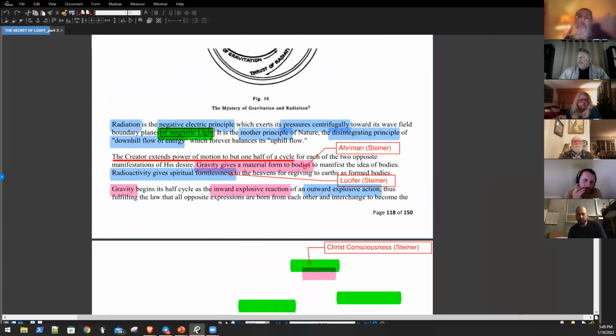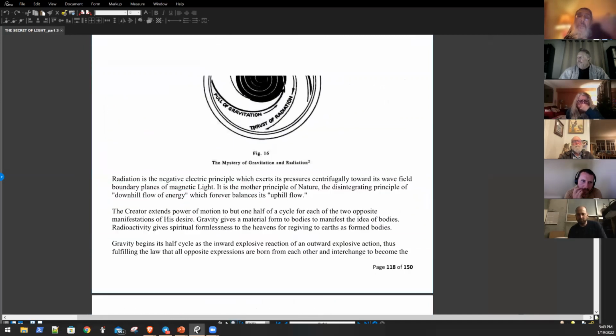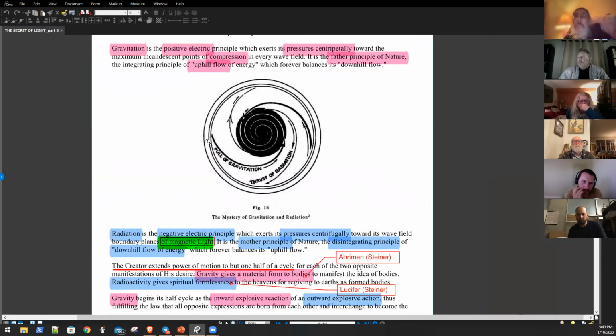So we have the diagram here showing the center, the pool of gravitation. This is actually showing the pool of gravitation in and the thrust of radiation out. So pulling in, thrusting out.